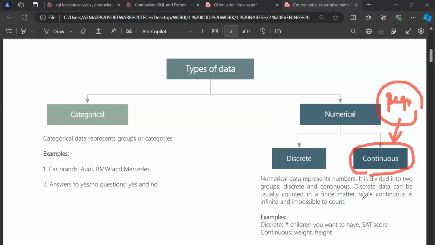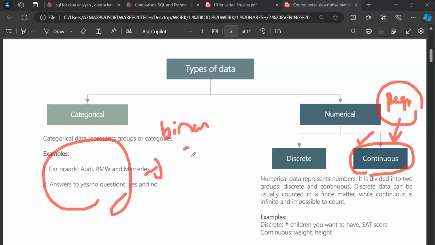Numerical data represents numbers. It divides into two groups, discrete and continuous. The gold price increases continuously. It is a regression model, or not? Are you clear on this part? Continuous. And this is for binary or category.